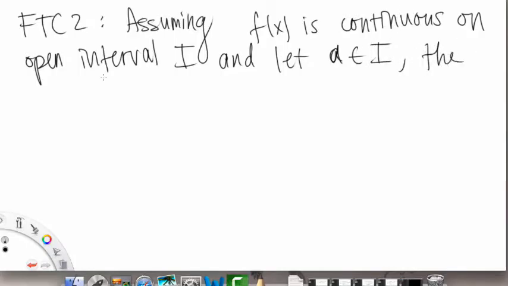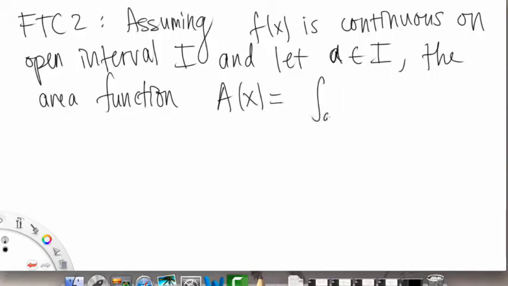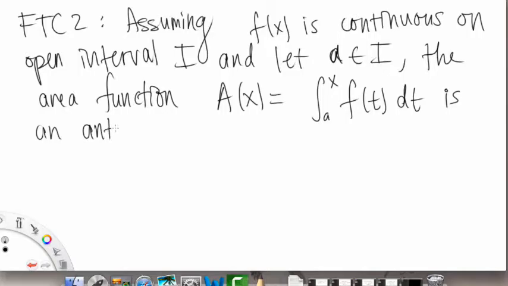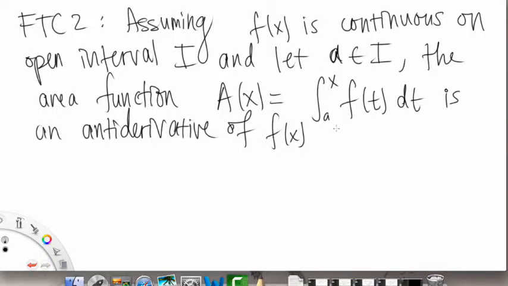Then the area function, so that means area under the curve, our capital A of x equal to the integral from a to x of f of t dt, is an antiderivative of f of x on that interval I.